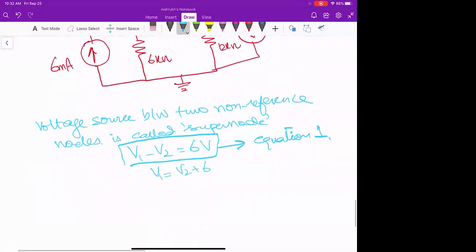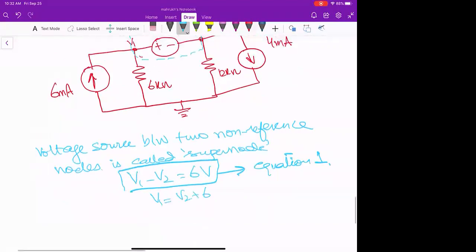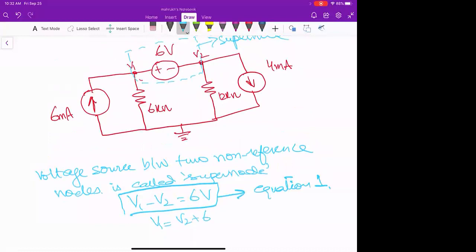Normally we say that the number of equations should be equal to the number of unknowns. So there is no use of writing two equations, at V1 and V2. We may just write V2 and use this equation to find V1. Am I clear about that? Yeah.